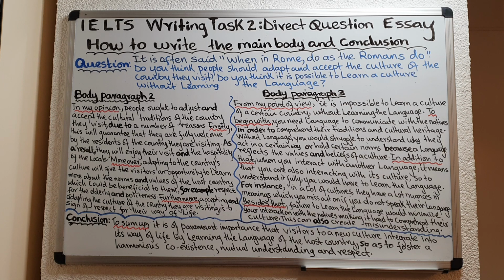So to understand another culture, you need to learn the language so that you are able to understand that language fully. For example, in a lot of cultures, they have a lot of nuances in meanings, which you would miss out on if you don't speak their language.